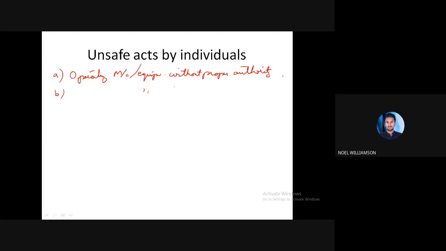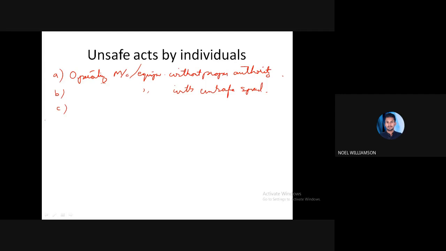Maybe there will be a 30% chance for an accident to occur. So that is operating the machine or equipment at unsafe speeds.